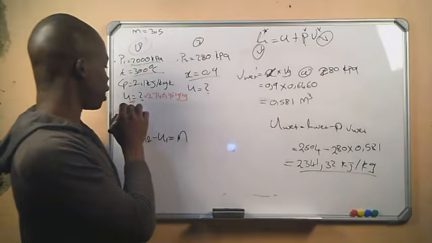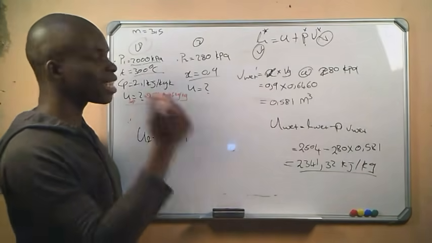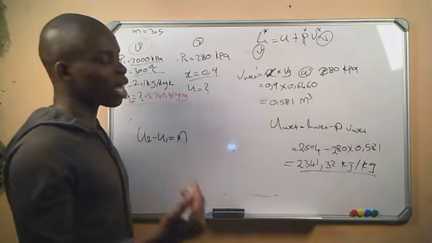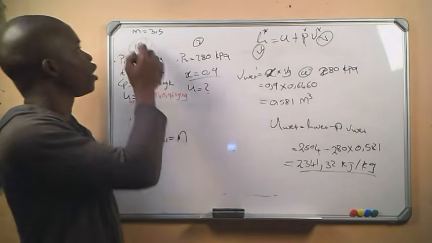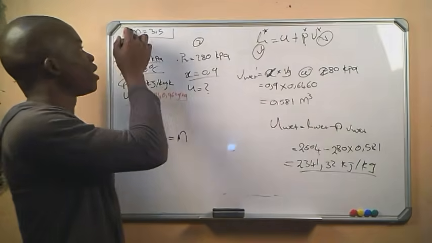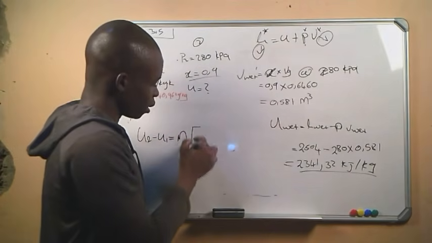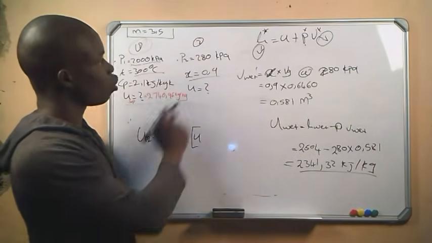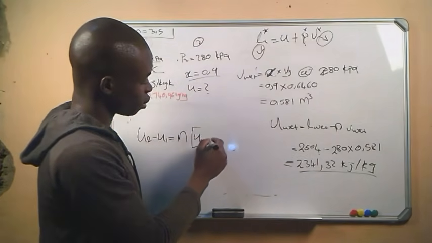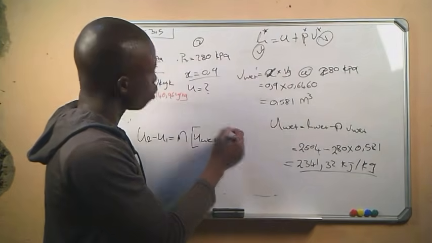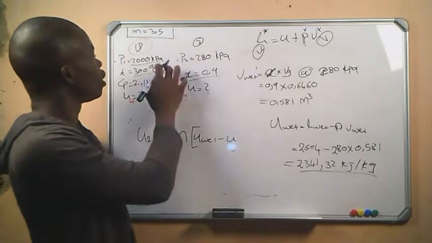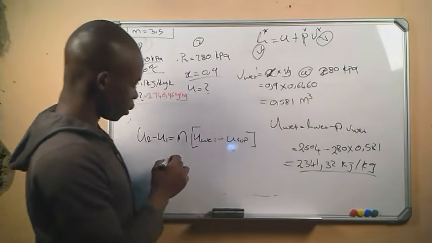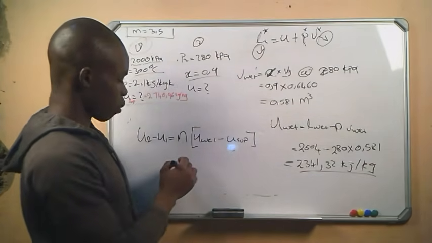Though these internal energies are our specific internal energies, the question requires us to calculate the total, and then now we must multiply with the mass that we were given, times our U2, which is wet, minus our U1, which is superheated. And then we substitute our M as 3.5.